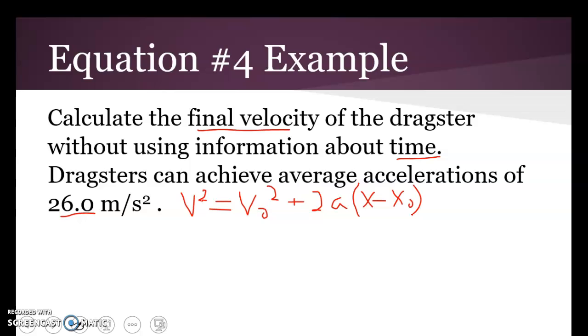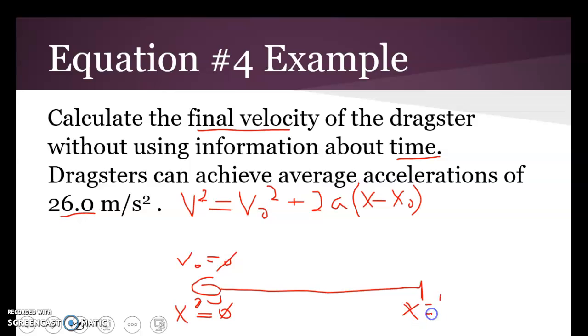So think about what's going on. Again, our dragster is here. It starts at rest. So if it's at rest, my initial velocity is 0. My initial position is also 0, okay? And that's because I'm starting at this point and I know my final position is 402 meters.